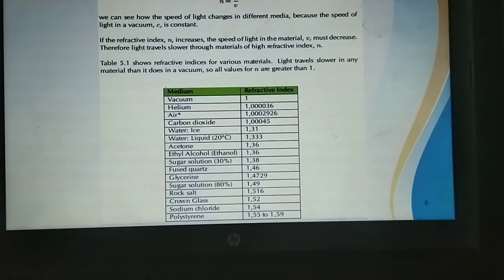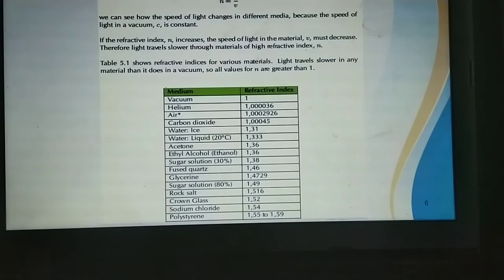So if N increases, then V, the speed in the material, decreases. Therefore, the light travels slowly through the medium of higher refractive index. This is when N increases and V decreases.